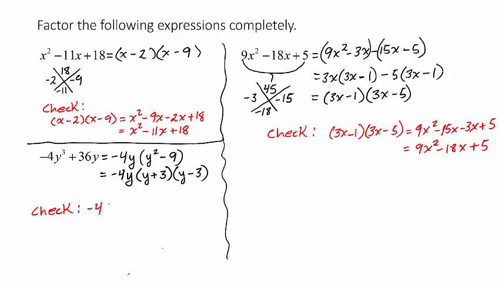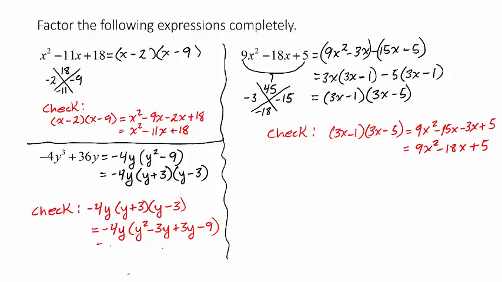And in checking this, negative 4y times the quantity y plus 3 times the quantity y minus 3. Leave the GCF alone and do the FOILing. So y plus 3 times y minus 3 is y squared minus 3y plus 3y, and 3 times negative 3 is negative 9, right?